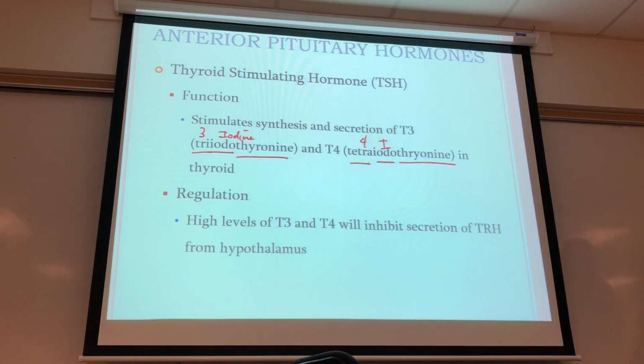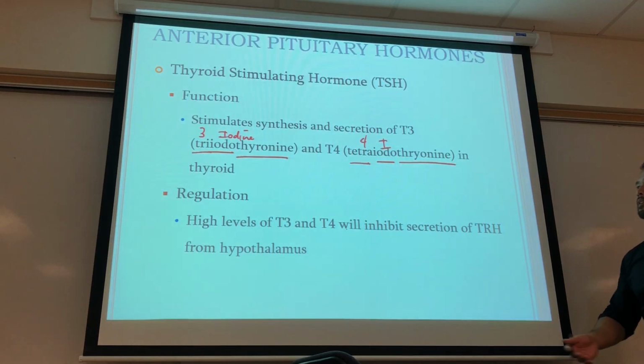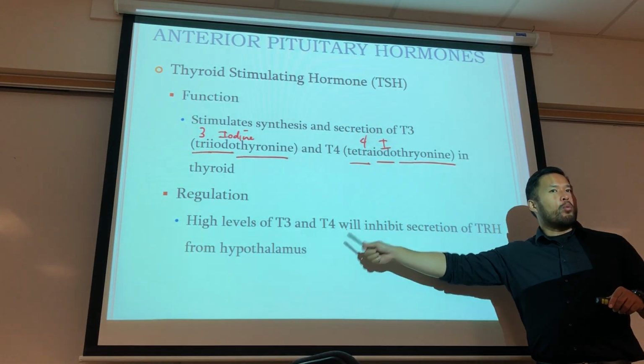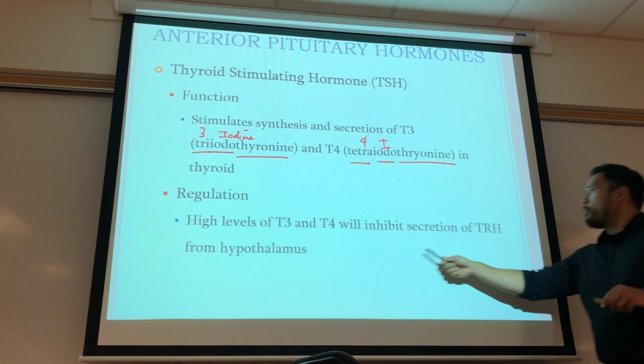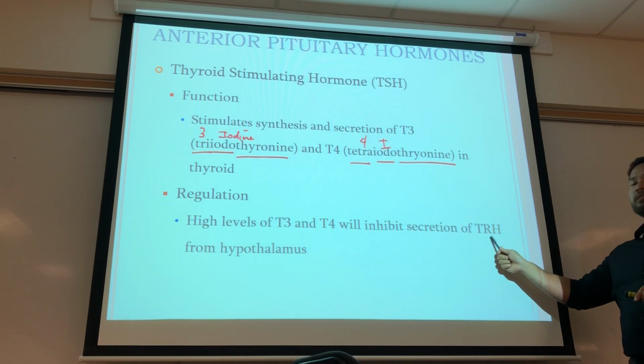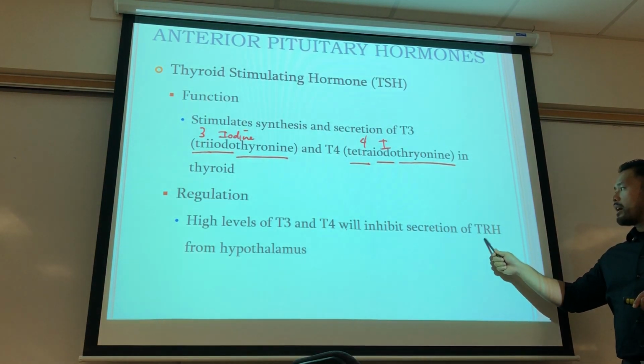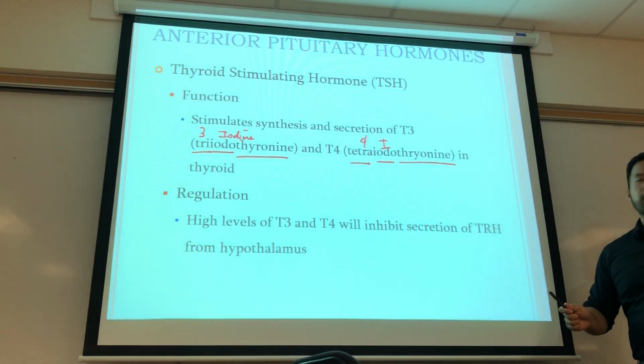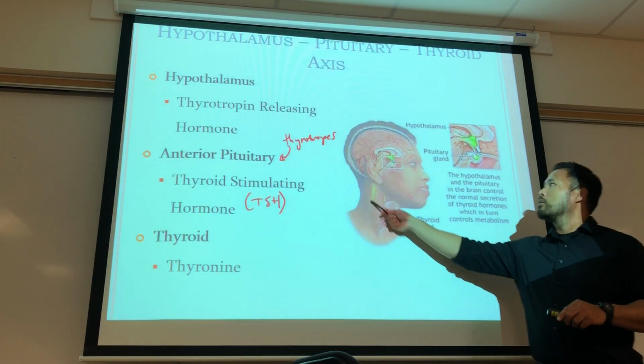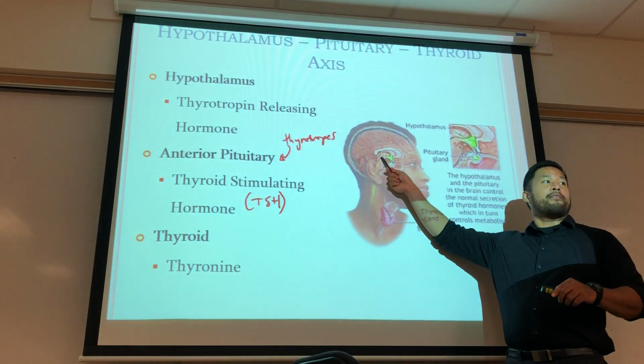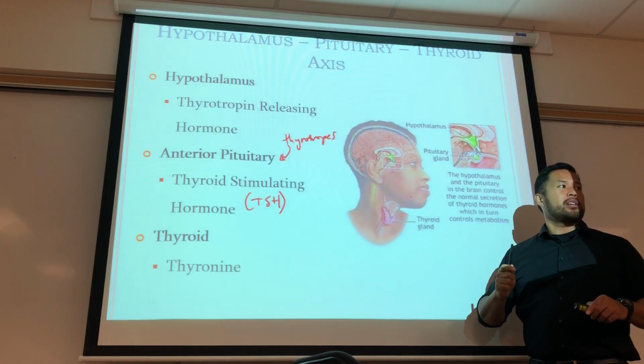And now that we have our thyroid producing T3 and T4, what's going to come back is a form of negative feedback. T3 and T4, when we make enough of it, is going to go back and turn off the production of our thyrotropin-releasing hormone. It will go back to the hypothalamus and say, I've got enough of this, limit that production.